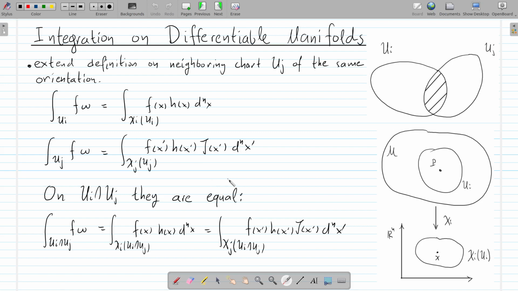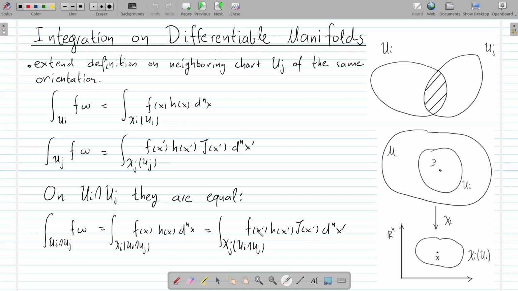So this definition is consistent because on the intersection of the two sets, we can compute the integral by any of those two formulas, and the result is the same. If we use the definition of the integral on ui, the integral is given by this formula here, and if we use the definition of the integral over uj, then the integral on the intersection is given by that formula.